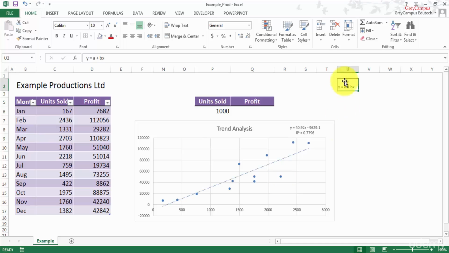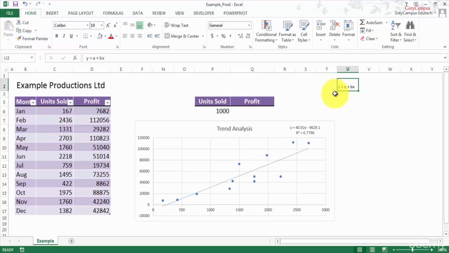Since a is negative in this scenario, it shows as bx minus a, which is absolutely correct in this format. This is minus, so that's why it has come here. So in a plus bx format, y equal to a plus bx.